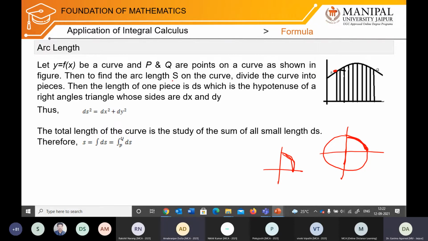To find the arc length S on the curve, divide the curve into pieces. Then the length of one piece is ds, which is the hypotenuse of the right angle triangle whose sides are dx and dy.